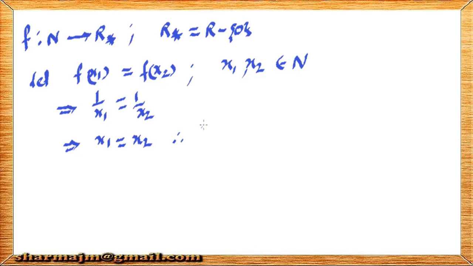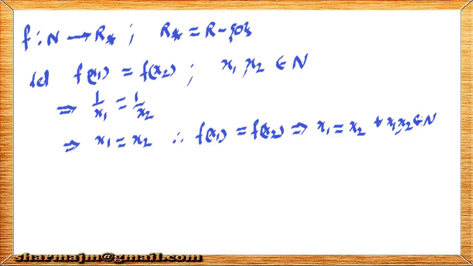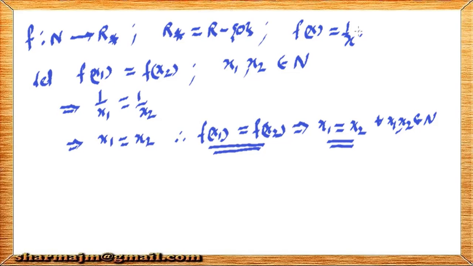So therefore f of x1 equal to f of x2 implies x1 equal to x2 for all x1, x2 in N. Because if you take two natural numbers, their reciprocals will be real and distinct. So if images are same, their pre-images are also same. Here the function is defined as f of x is equal to 1 by x, so the definition of the function is as earlier.